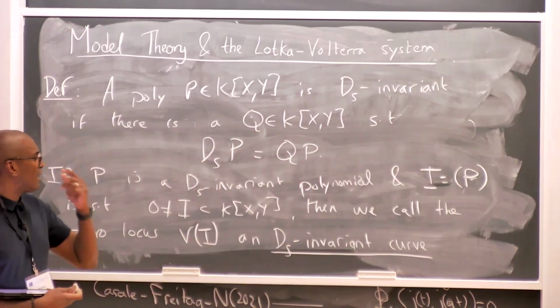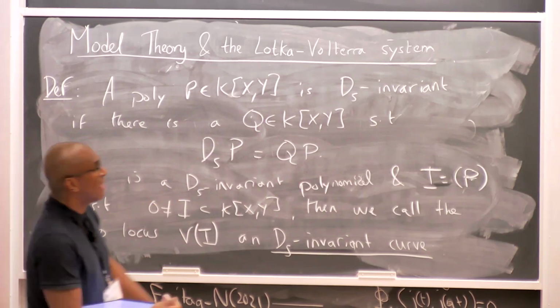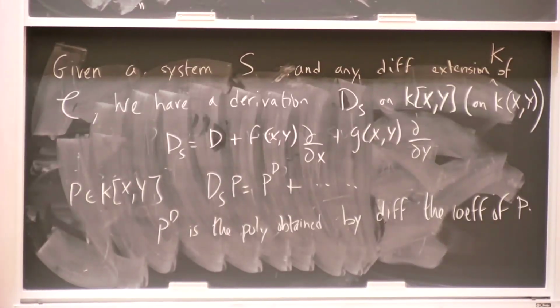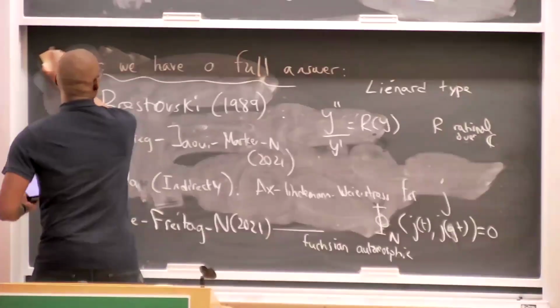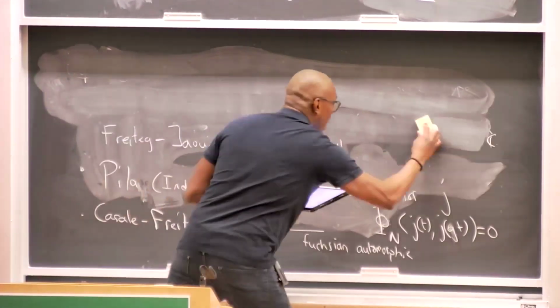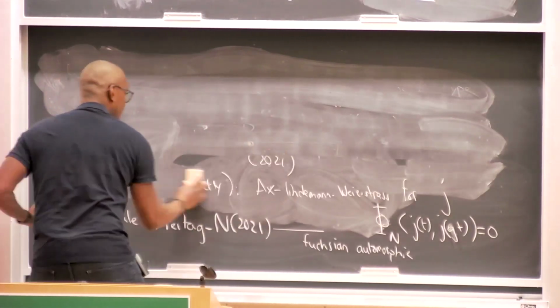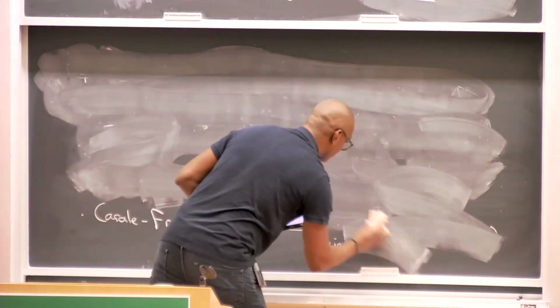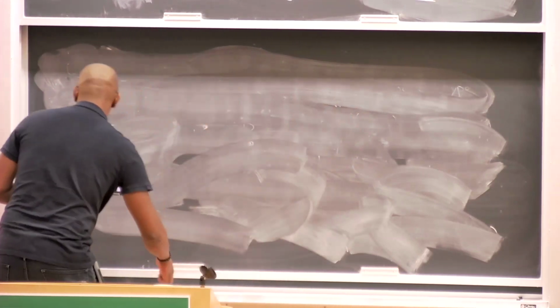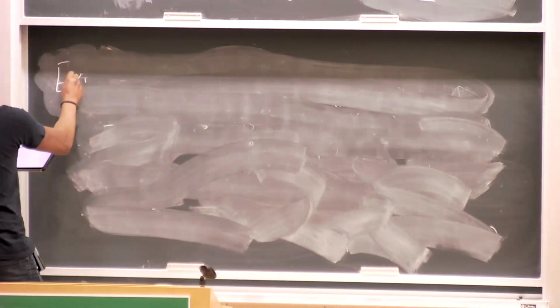All right, let's see these examples, and how we get them from the invariant curve. So here's an example.